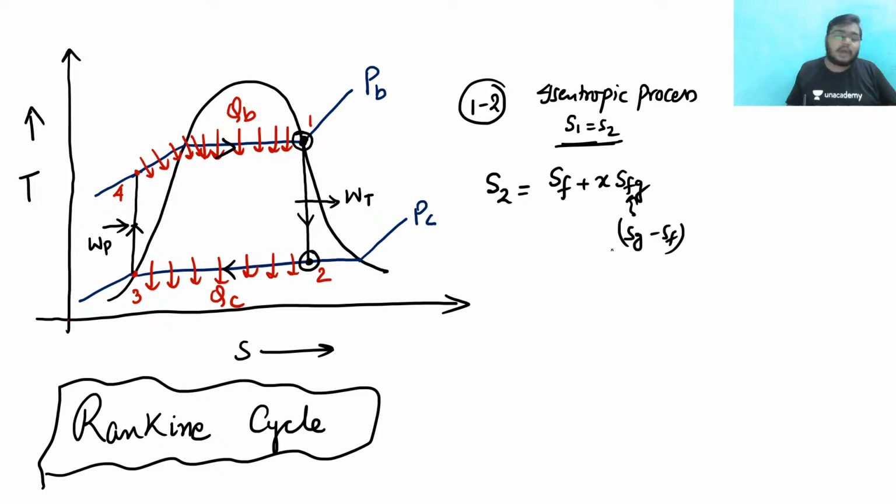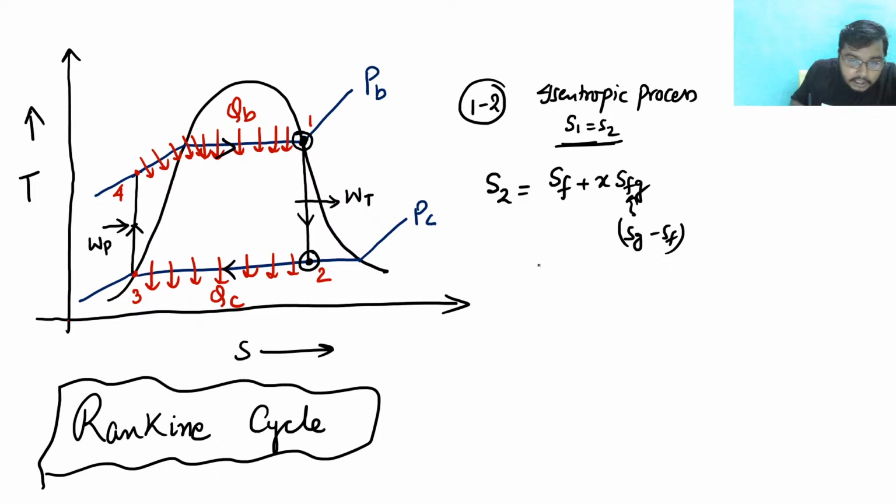I hope you have studied these things in your pure substances classes, right? So I can write S2 as Sf plus x Sfg. This is from the 1 to 2 process.